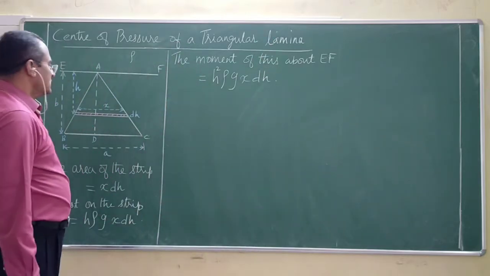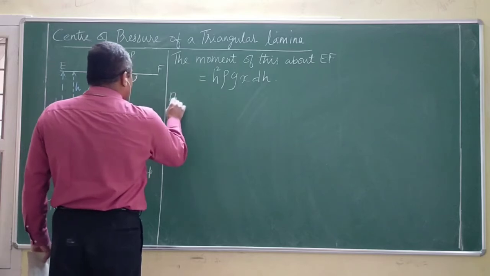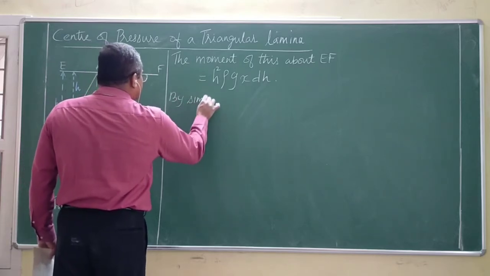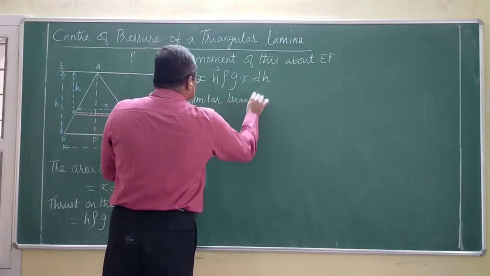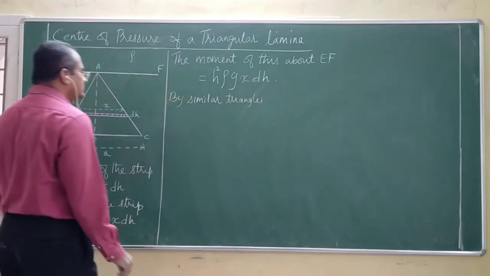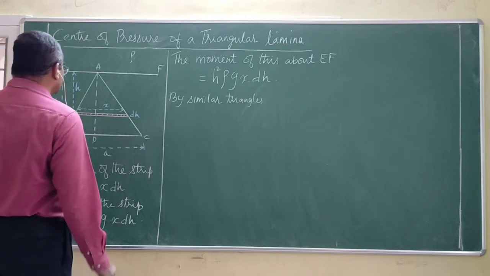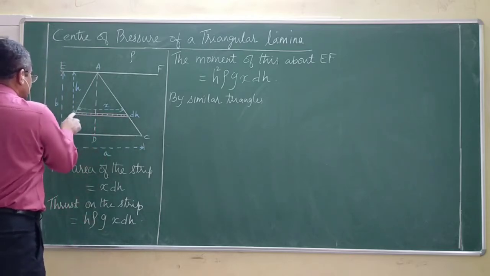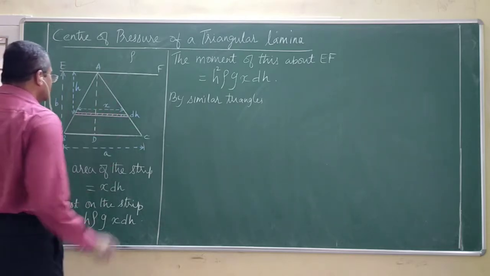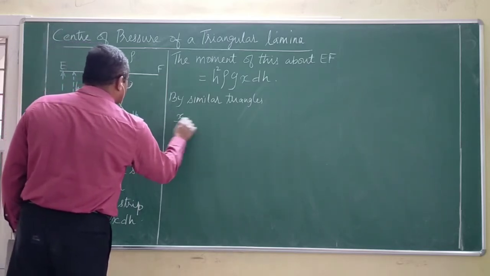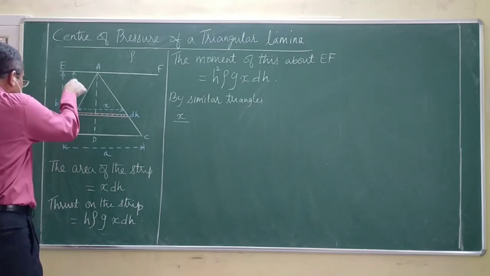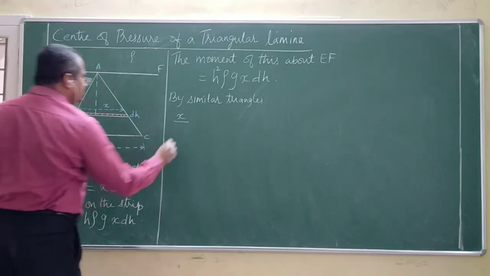Now, by similar triangles, I am taking this triangle first. The base of this triangle is x. The depth from the surface is h.